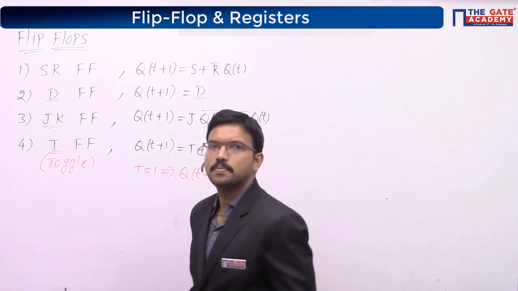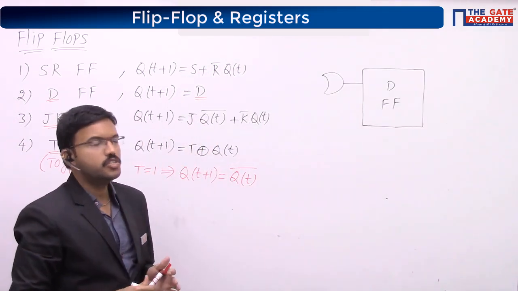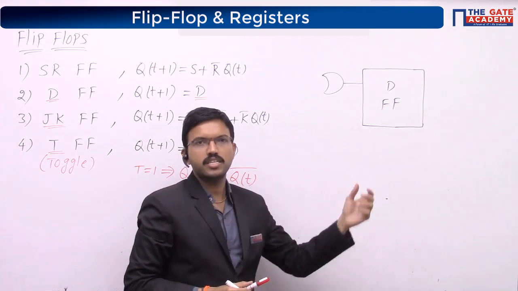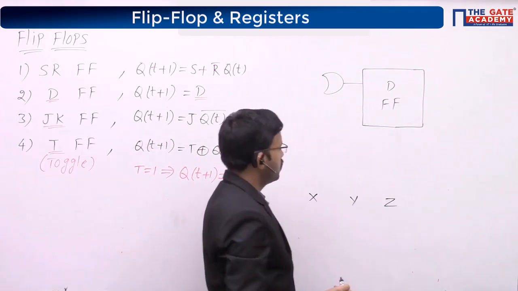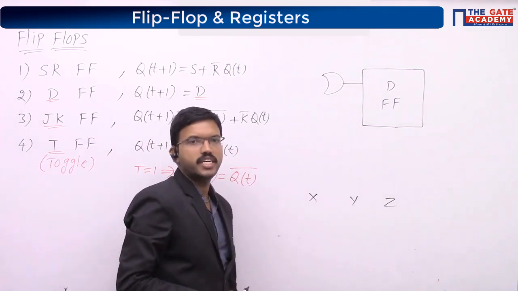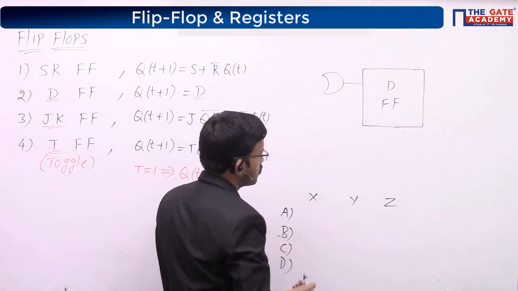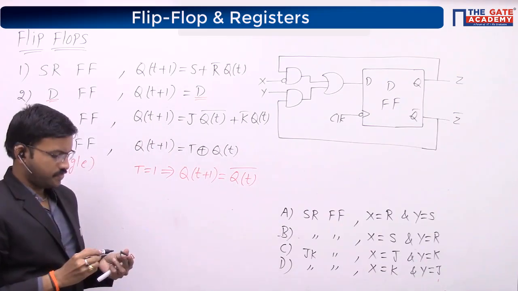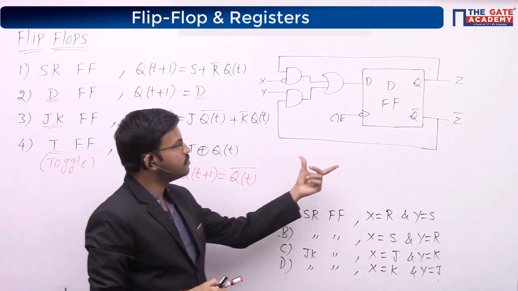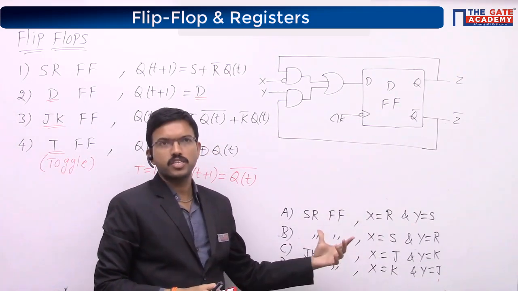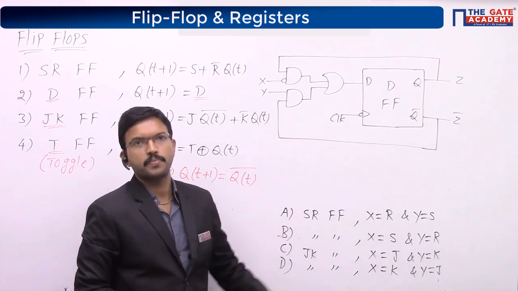Write down the question: a sequential circuit using D flip-flop and logic gates is shown in the figure where X and Y are the inputs and Z is the output. The circuit is dash. He has given the circuit diagram and four choices, asking what the overall circuit is.